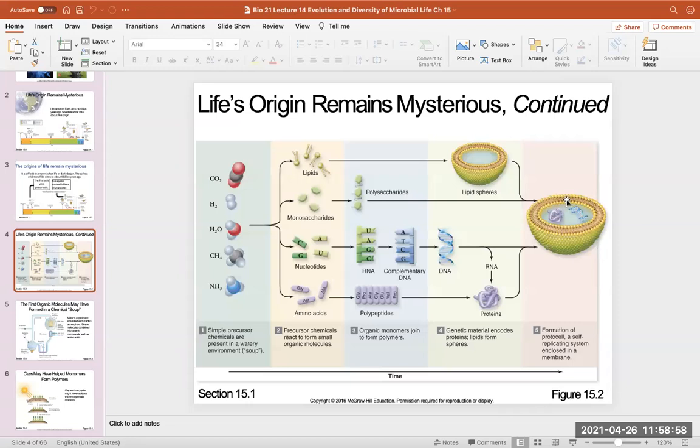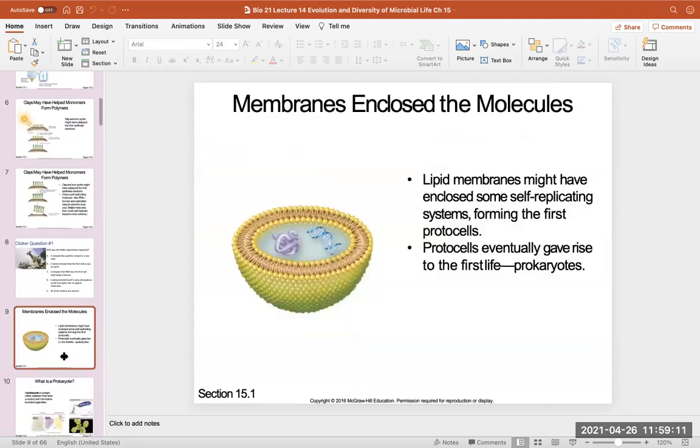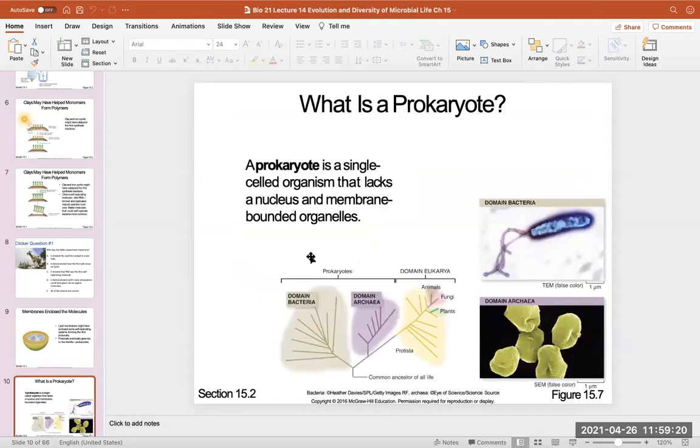So this is your first cell, a protocell, a prototype. You have a simple cell with a lipid membrane, some amino acids or proteins, and then some DNA. That's your first cell, very simple. Once you have your first cell, over time it's going to get more complex, becoming a prokaryote, then a eukaryote.